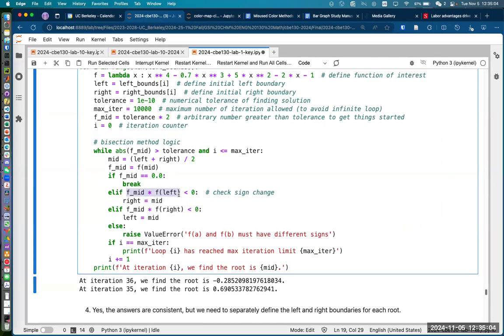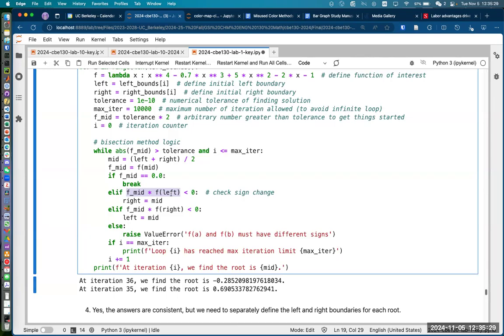So this will be a sign change indicator. If there is a sign change, that will be positive times negative. And if there's no sign change, that will be positive times positive gives positive, or negative times negative gives positive.